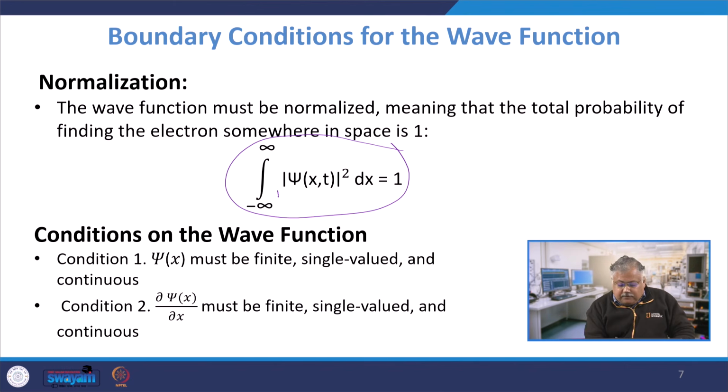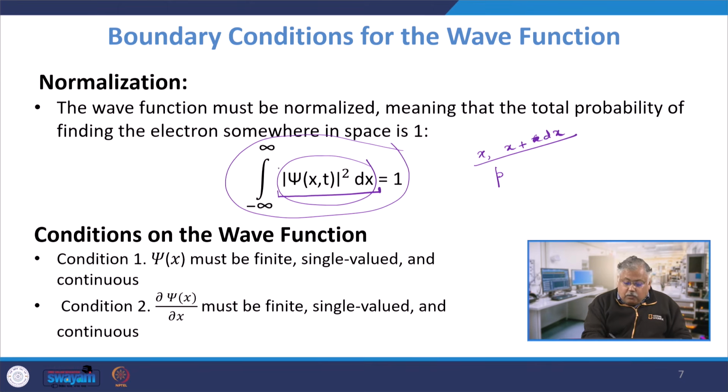If you look at this particular point, it basically means that between x and x plus dx, the probability of finding the particle is given by this expression. However, if you integrate it from minus infinity to plus infinity, the probability will always come out to be 1. Why?